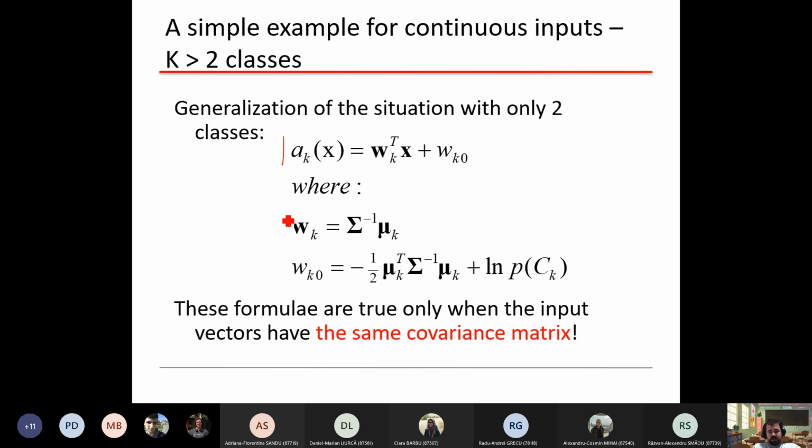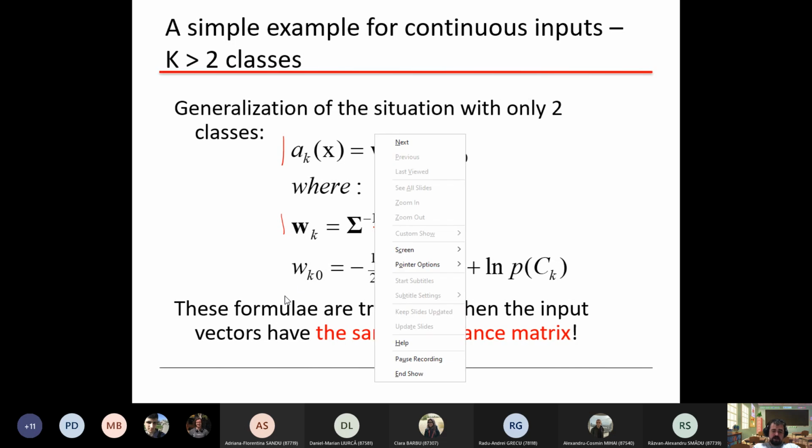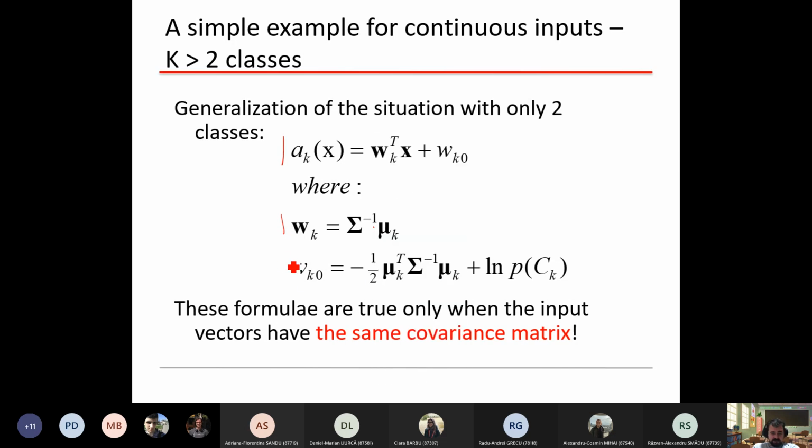And again, Wk will be the inverse covariance matrix multiplied by mu k, and Wk0, so the bias, will be minus half the product between the mean of the class on the left and right, and in the middle the inverse covariance matrix, plus the logarithm of P of Ck.